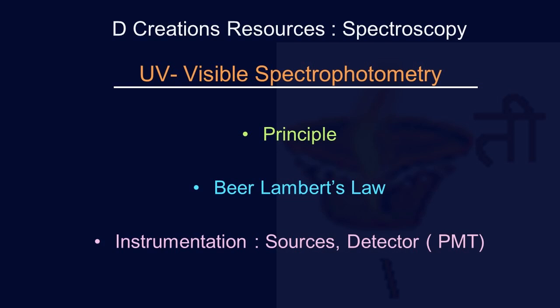So this stable and continuous emission in the ultraviolet range makes deuterium an important source for UV light in spectrophotometry.